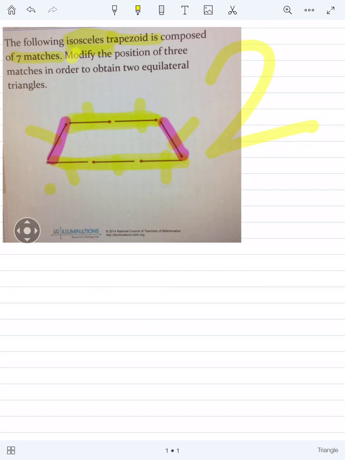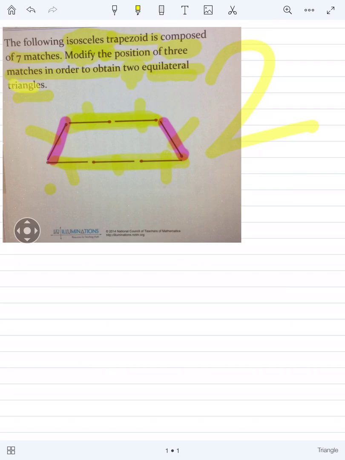You need to modify the position of 3 matches in order to obtain, here comes more geometric terms, 2 equilateral triangles. Oh man, guys, we can only move 3 matches in order to obtain 2 equilateral triangles.